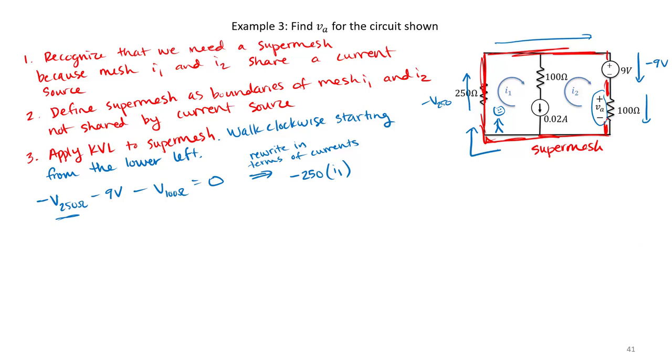Next, I have my voltage across that 100 ohm resistor. Notice in this case, that branch of my circuit is only covered by current I2. So in this case, the voltage drop across my 100 ohm resistor is just going to be minus 100 I2.